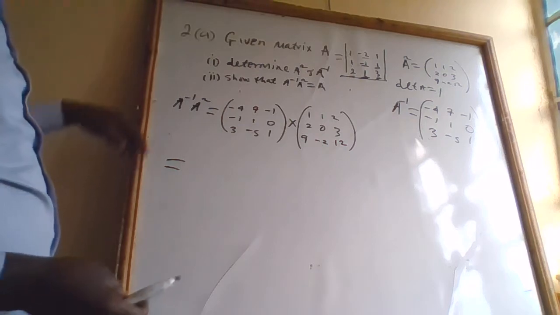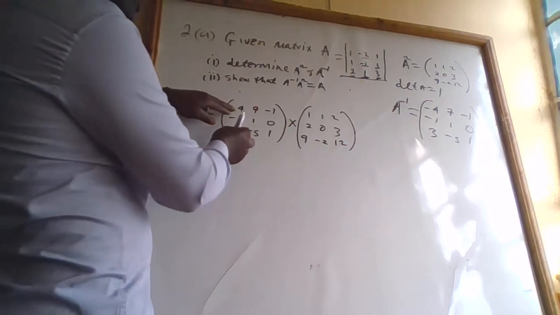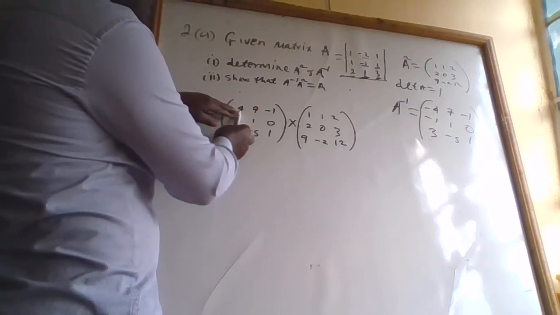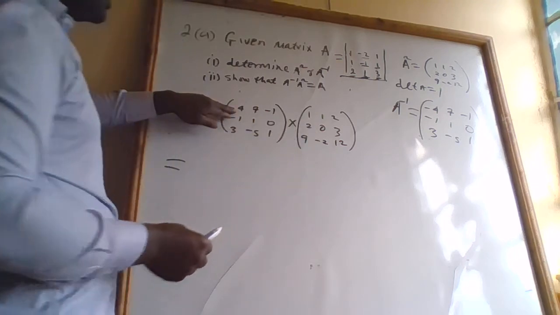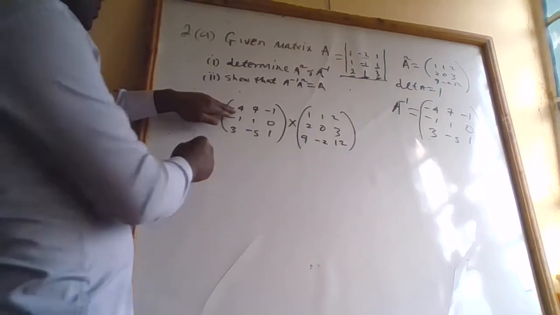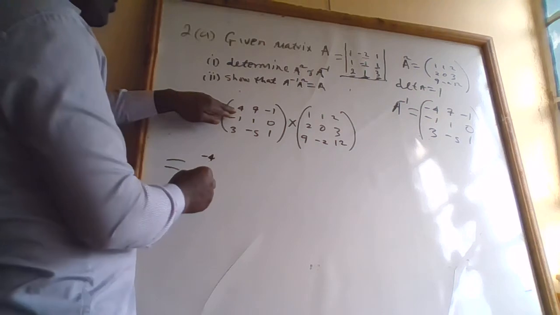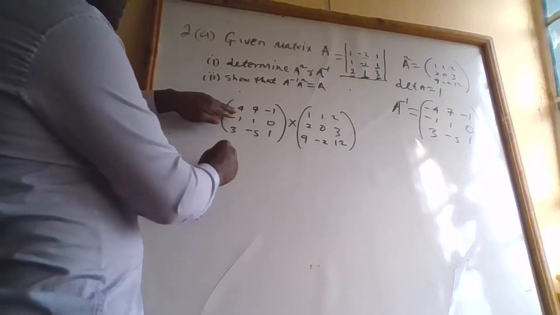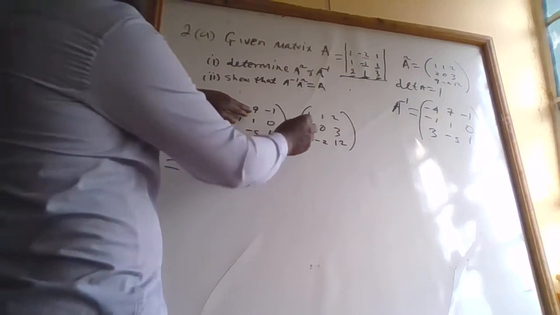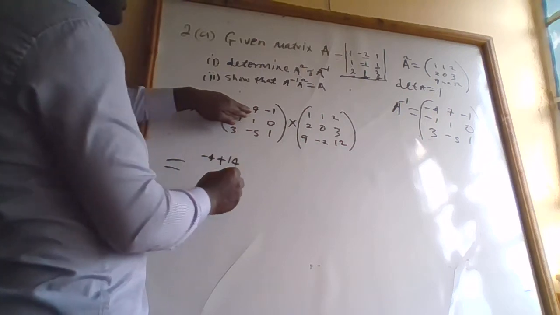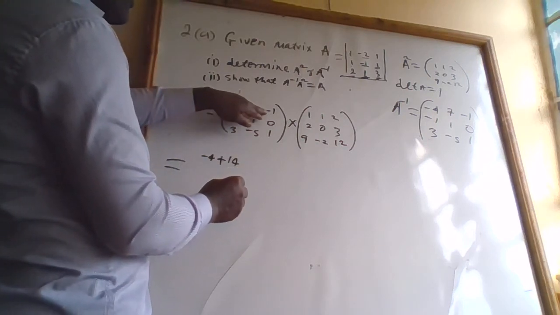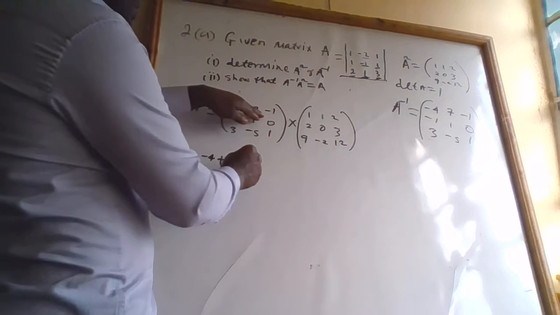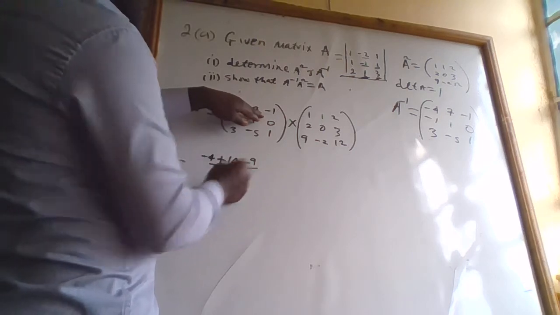Let us see. So we have negative 4 times 1, we have negative 4, then plus 7 times 2, 14, then negative 1 times 9 will be minus 9.